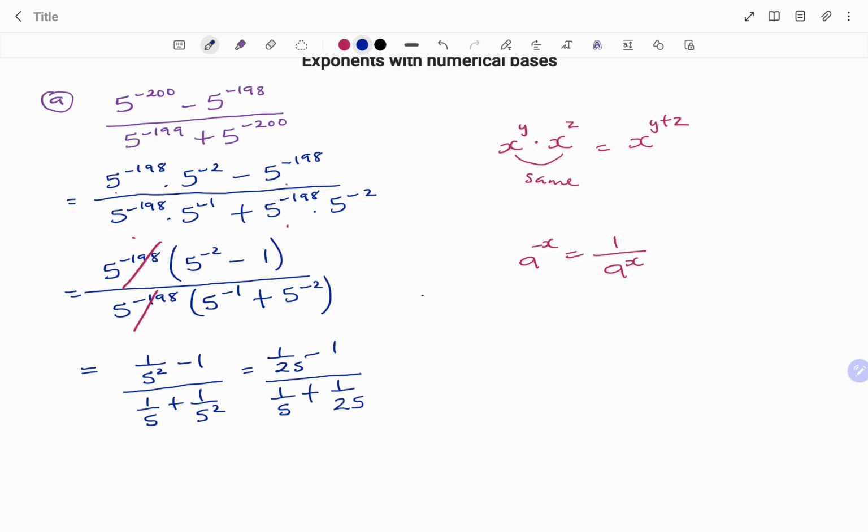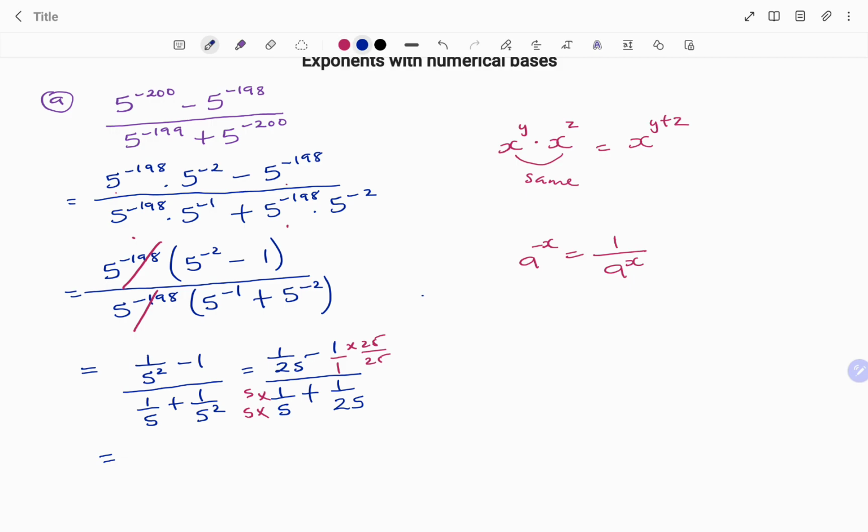If I check all the denominators, the lowest common denominator is 25. So I'm going to make all my denominators 25. For my numerator, I'm going to multiply both the numerator and the denominator by 25. That's over 1. I'm going to do that at the bottom, that's times 5 to make my denominator 25.